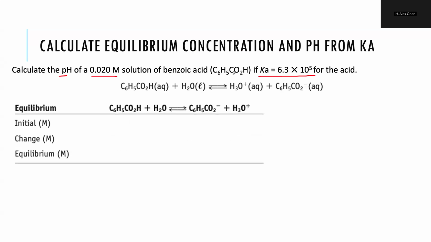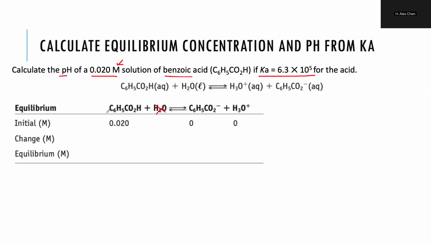So in the initial state, I know the concentration of benzoic acid, which is 0.020. Do I have any products? No. How about water? Water is a liquid, so therefore water is not considered. So I just have 0.020 and no products at all.